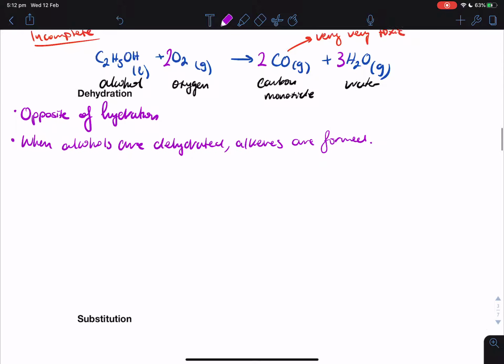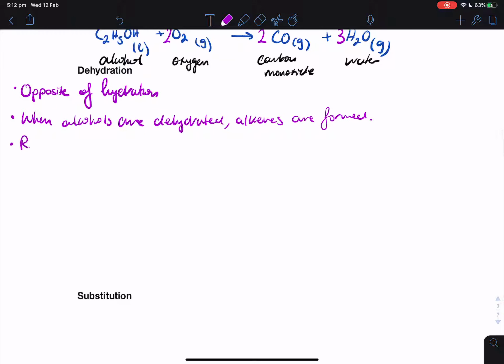Okay, awesome. Requires a catalyst. The catalyst is usually concentrated H2SO4 or concentrated H3PO4. Okay, and they both have to be 170 degrees Celsius, so it actually needs to be quite hot.